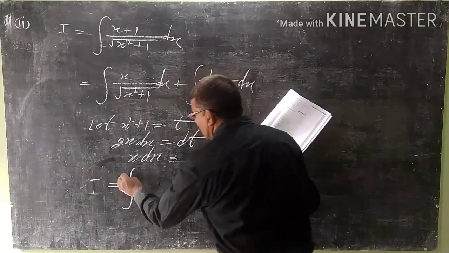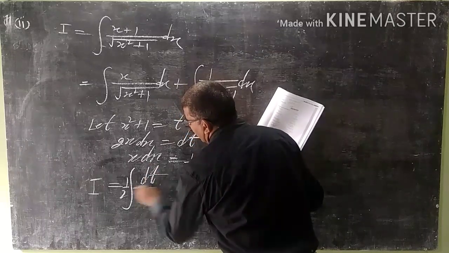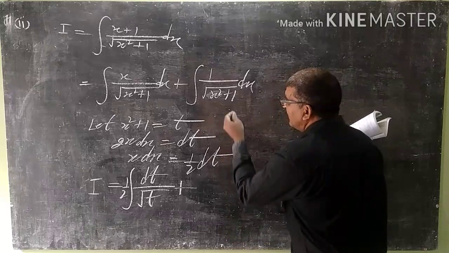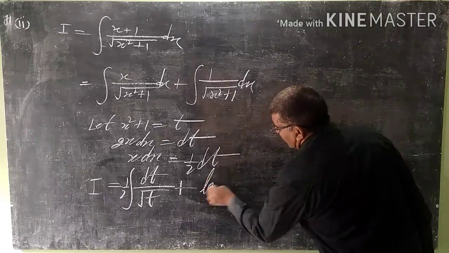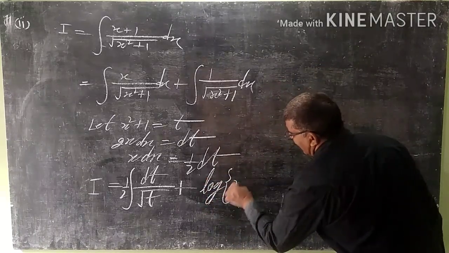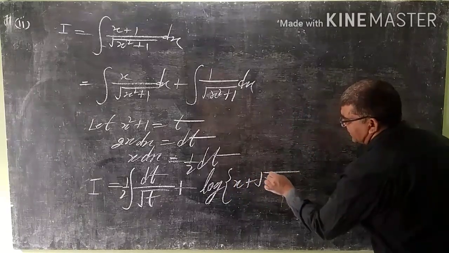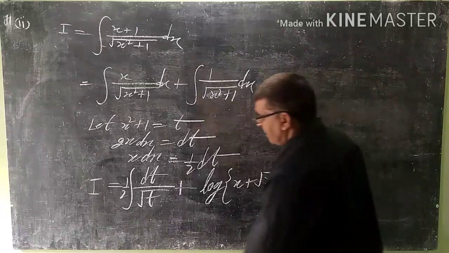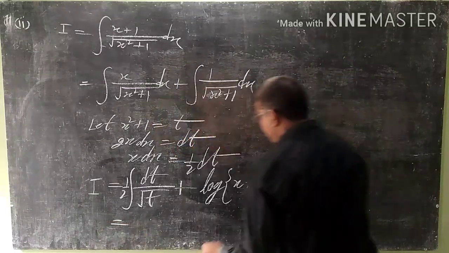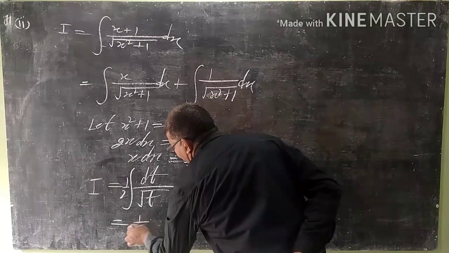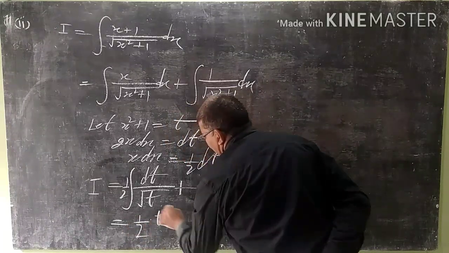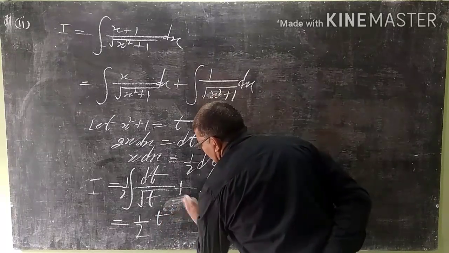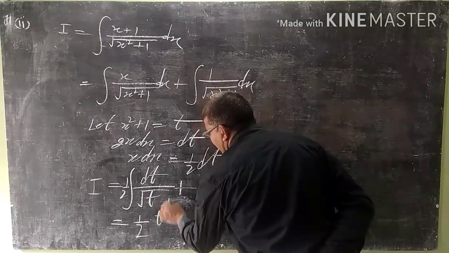That is why I equals 1 by 2 dt upon under root t, plus this is equal to log x plus under root x square plus 1. Now we can write it 1 upon 2 t to the power minus 1 by 2.